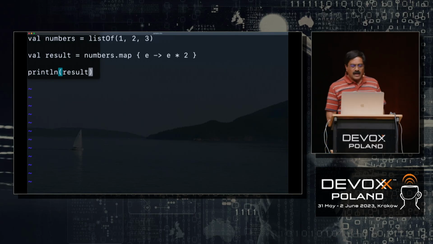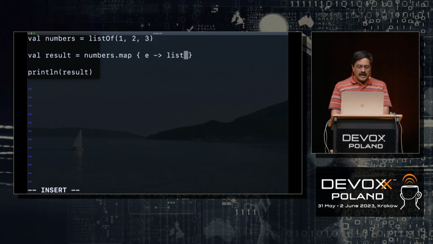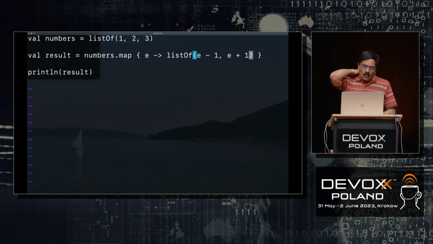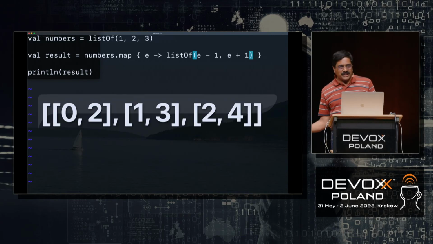So nothing really complicated. When you run this code, you can see 2, 4, and 6, that's not a problem. However, if I were to go back to this code and say, I don't want to return element times 2, but I want to return a list of element minus 1 and element plus 1. So when I return this, what does the result show? The result is a collection of collection, isn't it?